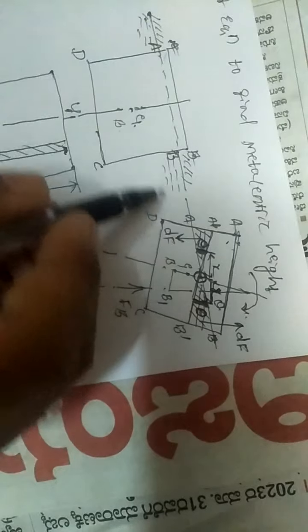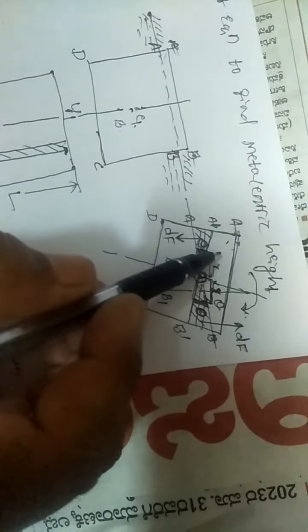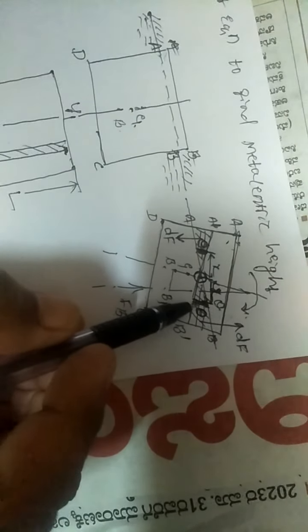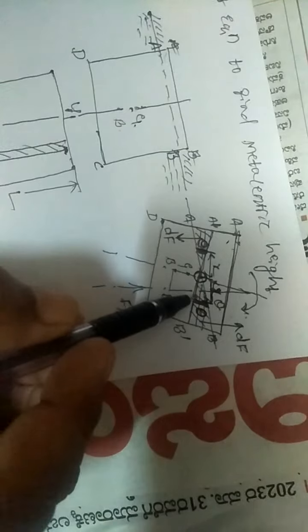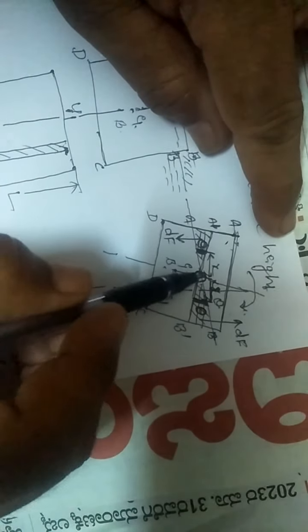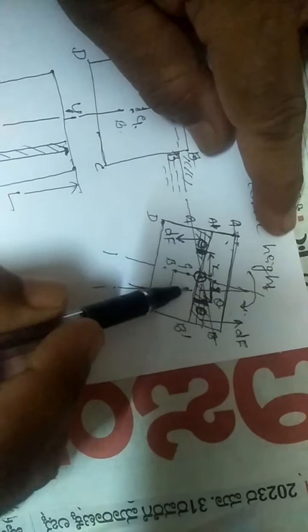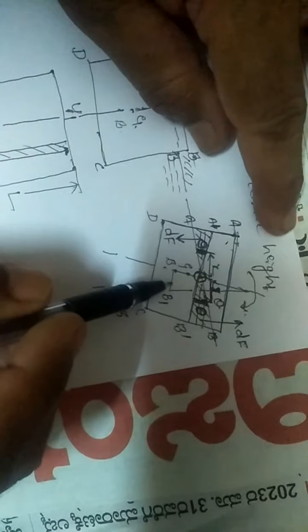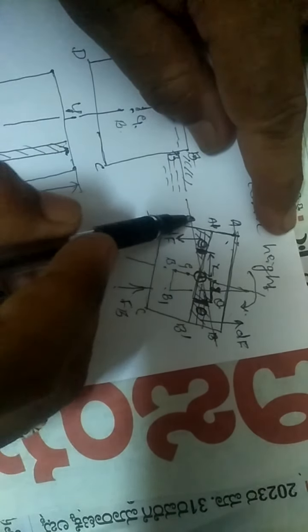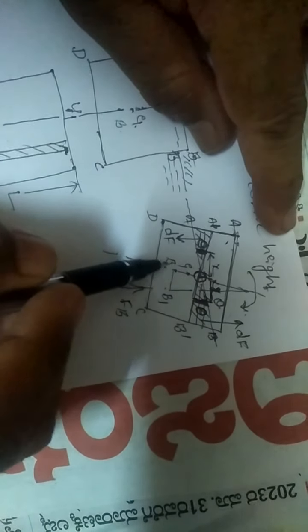You see, a small angular displacement of this body in the clockwise direction gives wedge-shaped prisms. Here you see the wedge-shaped prism BOB dash on the right hand side of the axis, and the same identical wedge-shaped prism AOA dash on the left hand side of the axis.